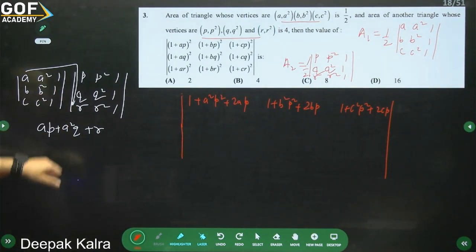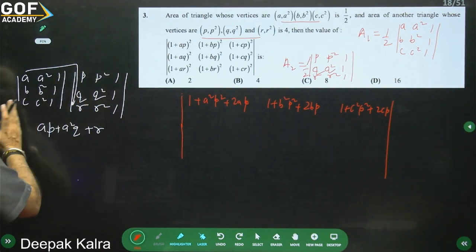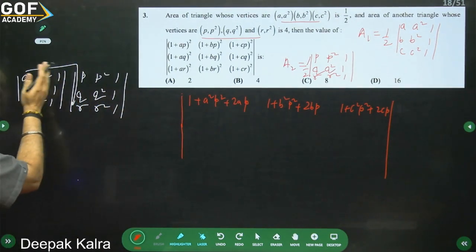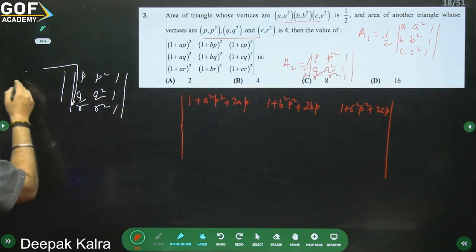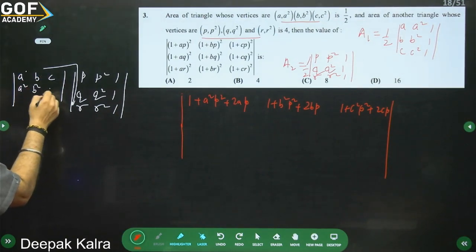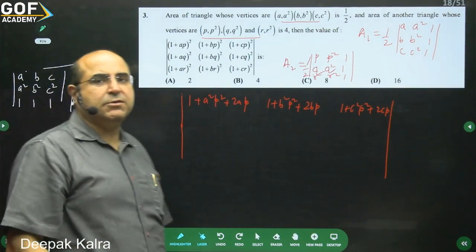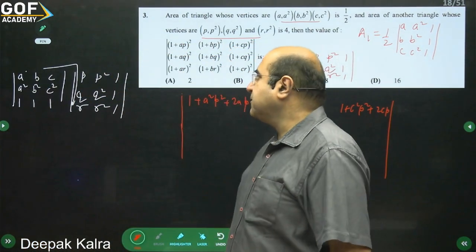You need to shuffle it up. Because determinant makes no difference, I'll go with this. Instead of this, I'll write a, b, c, a square, b square, c square, 1, 1, 1. I can transpose it also, no? It won't make any difference.